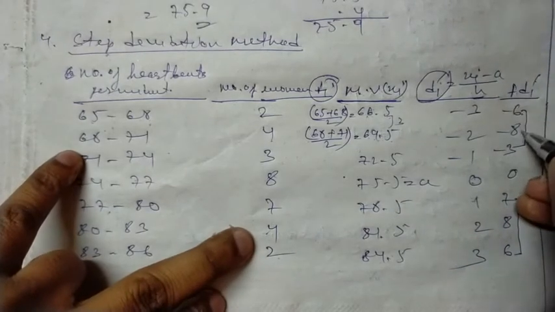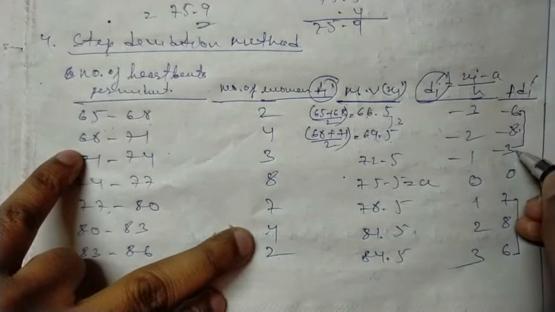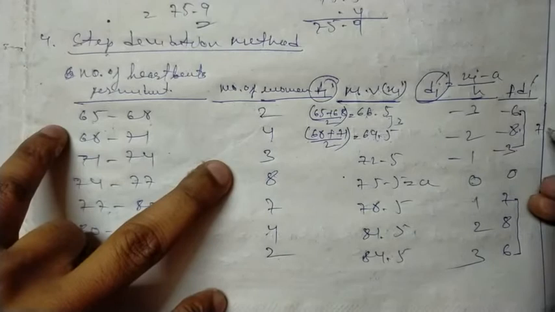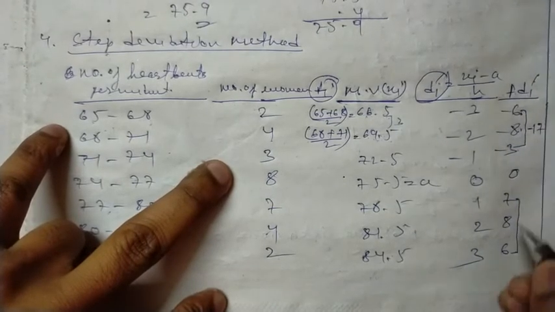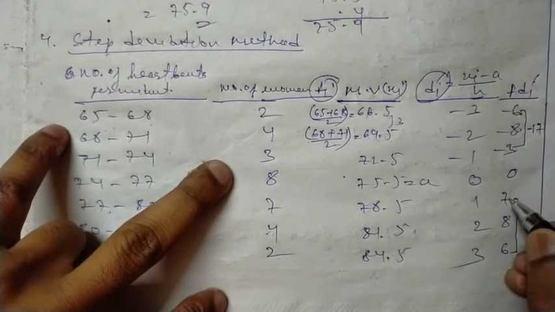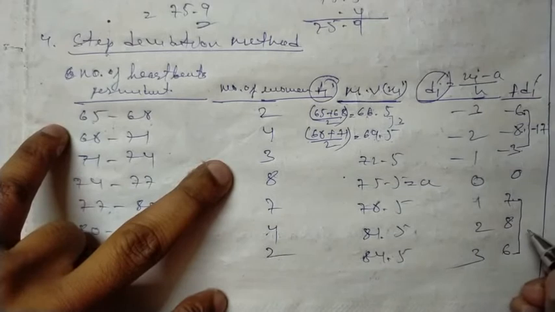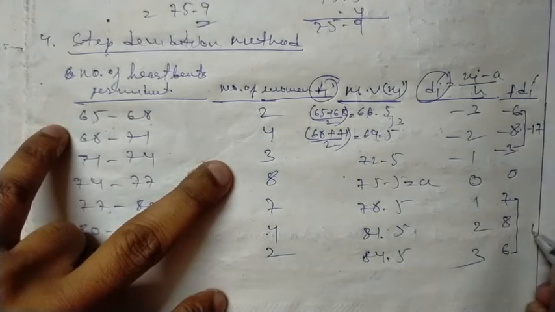So 6 plus 8 is 14, 14 plus 3 is 17, so minus 17. Then 7 plus 8 is 15, 15 plus 6 is 21.